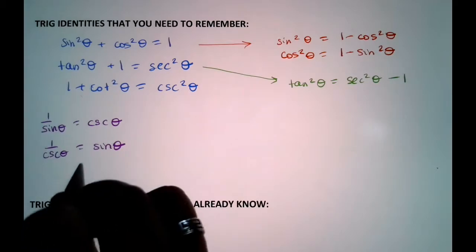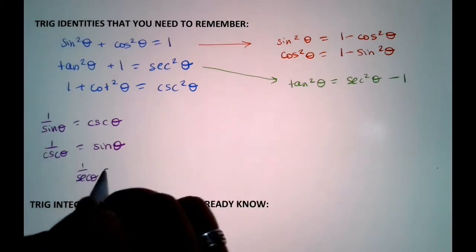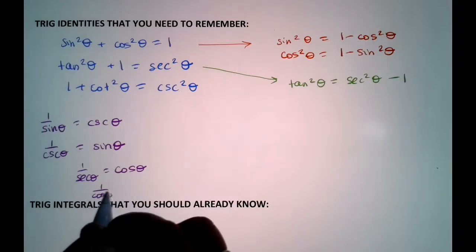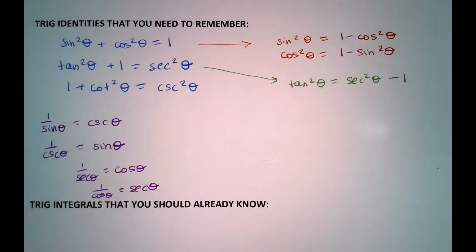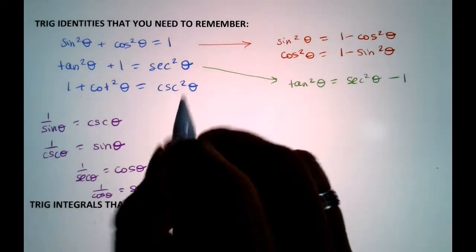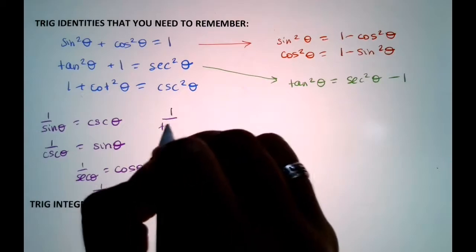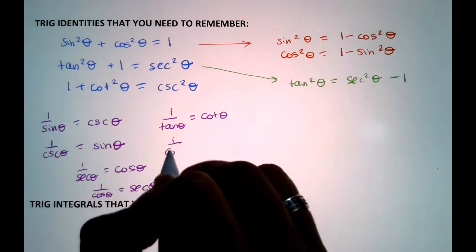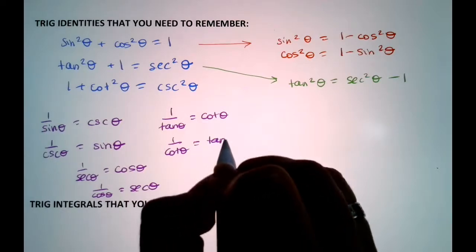That 1 over secant is cosine, and so that means 1 over cosine would also be secant. And then, finishing out the reciprocals, 1 over tangent is cotangent, and 1 over cotangent is tangent.